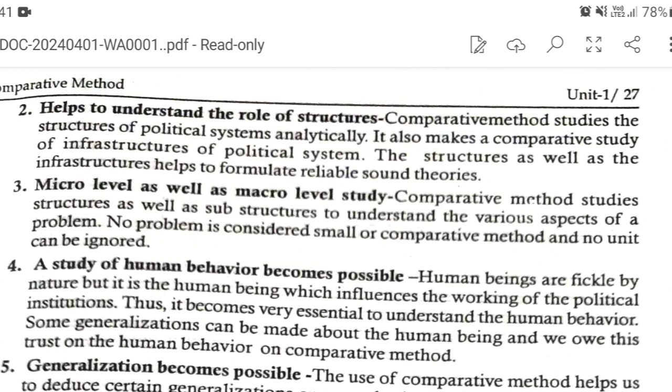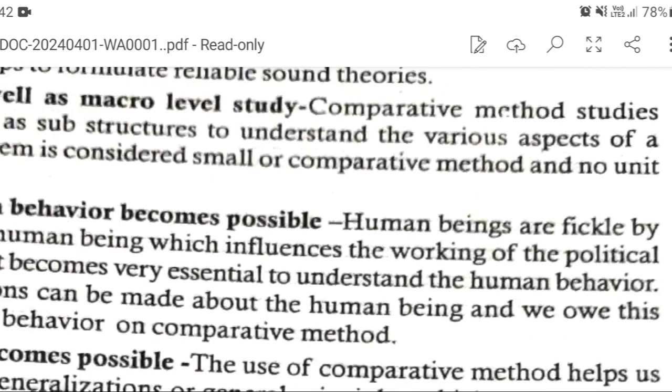Micro level as well as macro level study. It basically compares the different political structures or political system from the micro level to its macro level, and no unit can be ignored while studying the comparative method.